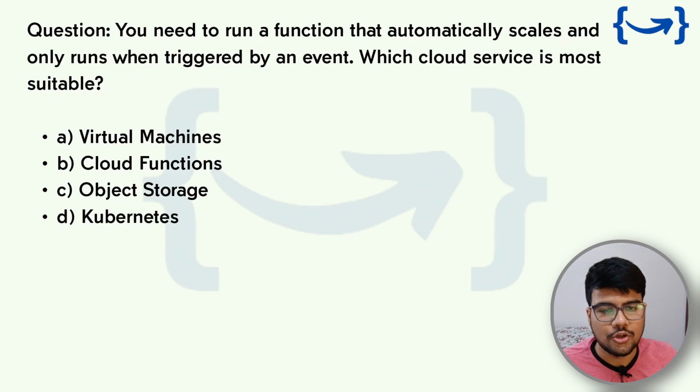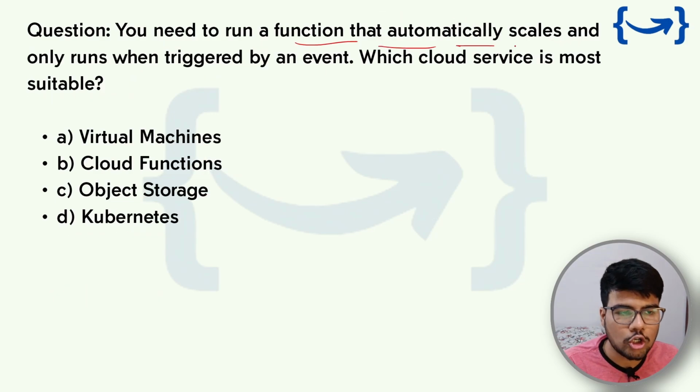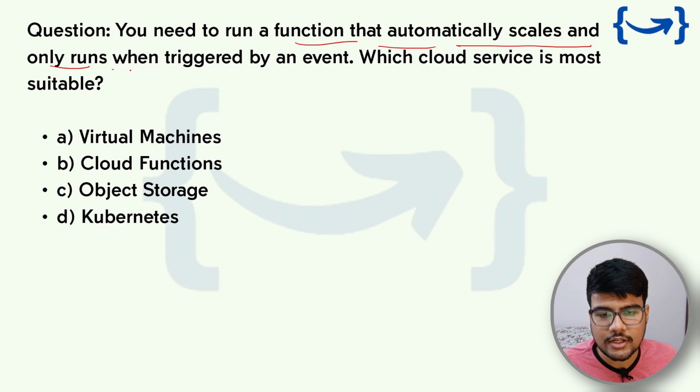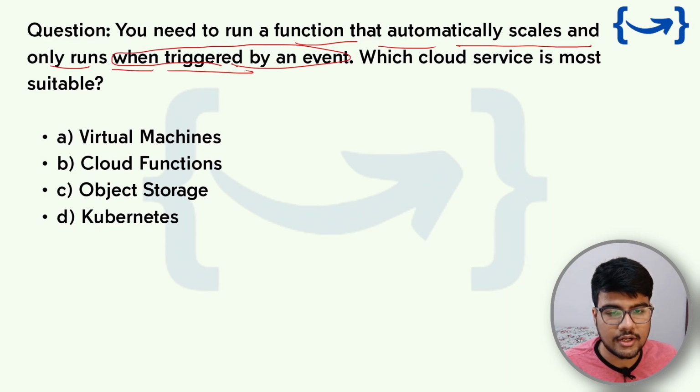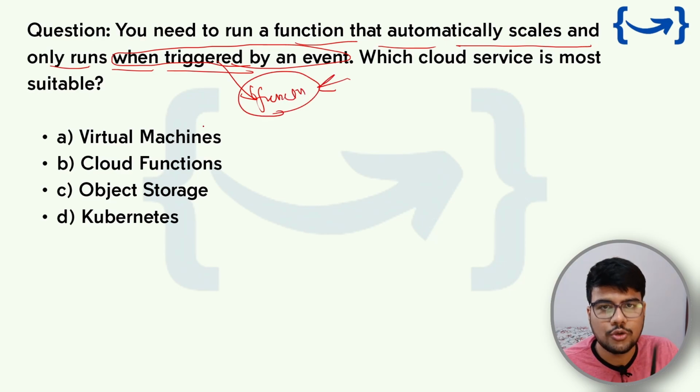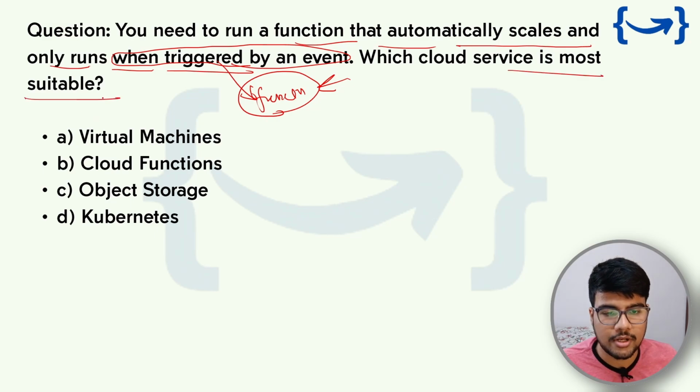You need to run a function that automatically scales and only runs when triggered by an event. So it is only triggered, this is the function. If this trigger function is called, then only you need to run that event. Which cloud service is most suitable? If you talk about function, and there is only one option related to function, so cloud function is the right option.